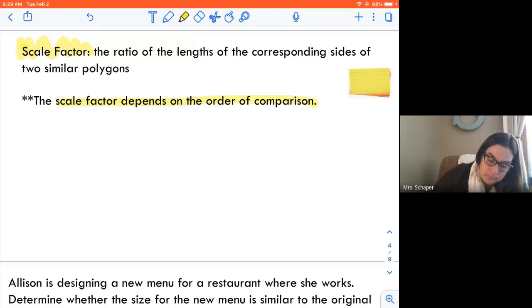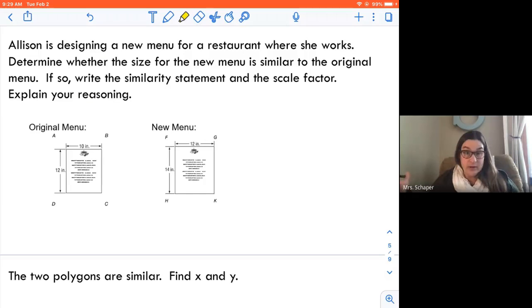Okay. So Allison is designing a new menu for a restaurant where she works. Determine whether the size of the new menu is similar. And if so, write a similarity statement and the scale factor. Okay.